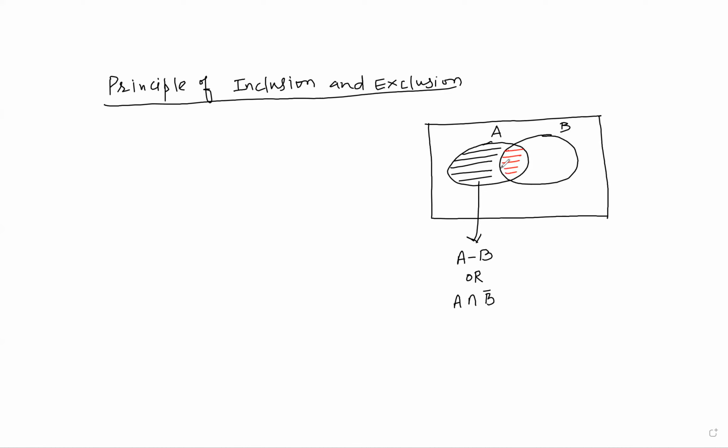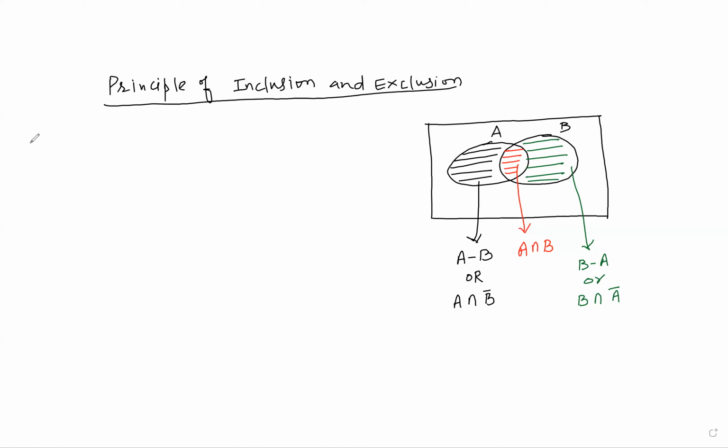This specific portion, this red one, represents the common portion between A and B. So it represents A intersection B. And this portion, this green one, represents B minus A, or I can say B and not A, right?